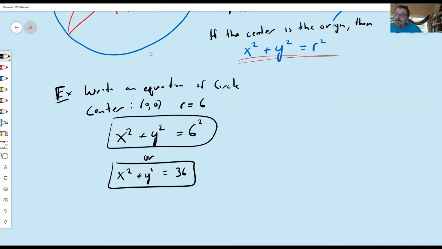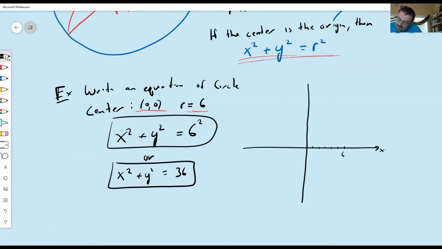Now, if I want to graph this picture, the center was (0, 0), and the radius is 6. Over here we go 1, 2, 3, 4, 5, 6.